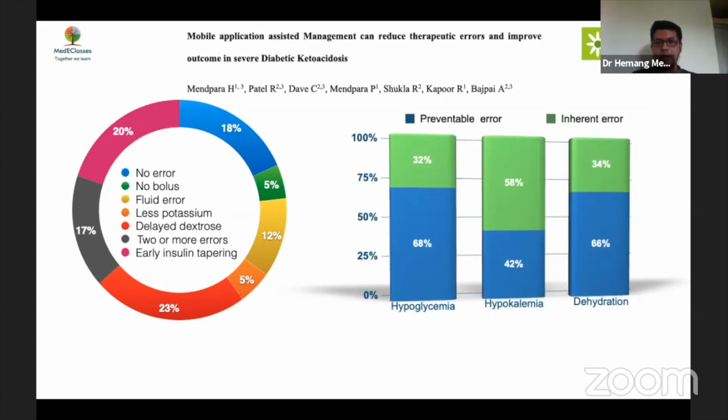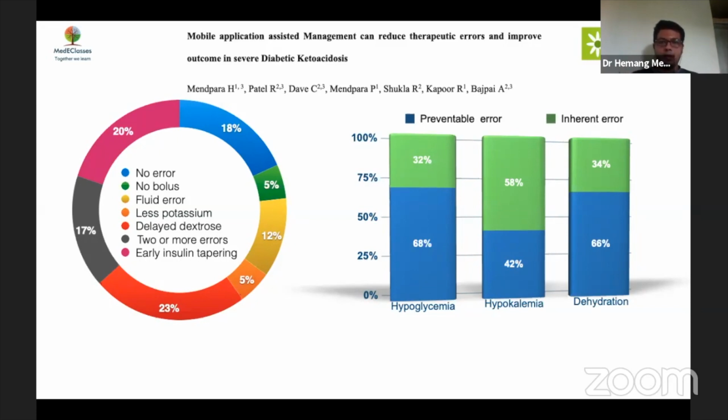If we stick to the protocol, we can prevent 68% of the hypoglycemia, 42% of the hypokalemia and 66% of the dehydration. I did a further analysis of this study, and I have seen that protocol deviation carries a 4 times higher risk of developing clinically significant hypoglycemia and potassium level less than 3.